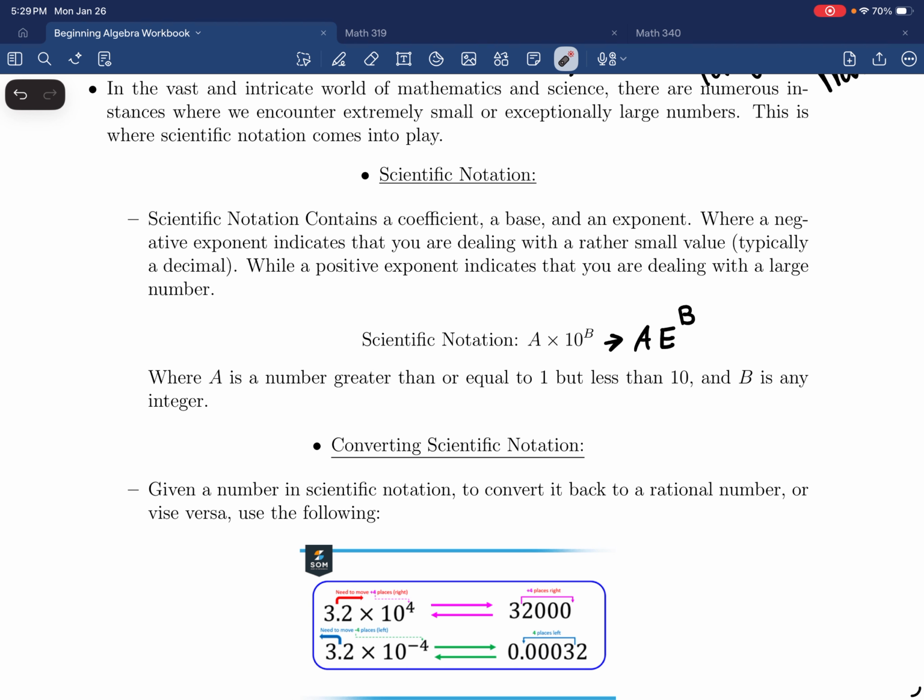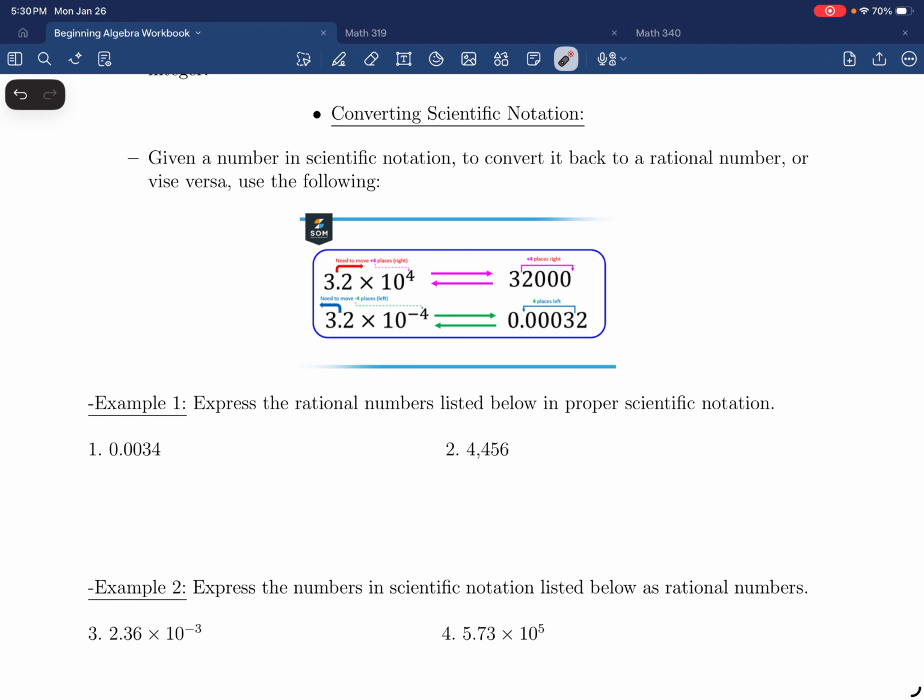In this case, because it's positive 4, we're going to move it 4 places to the right. And this makes sense, right? Because before I mentioned if you have a positive exponent, you're dealing with a rather large number. So to make 3.2 larger, you need to move the decimal place to the right. Because if you move it to the left, the number is going to get smaller, right? So that's the idea.